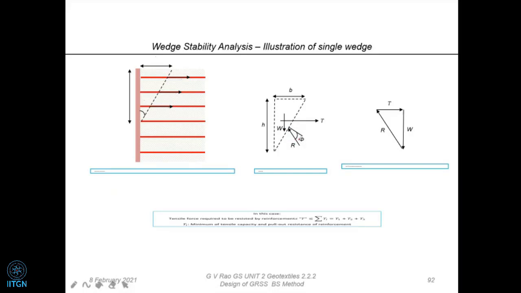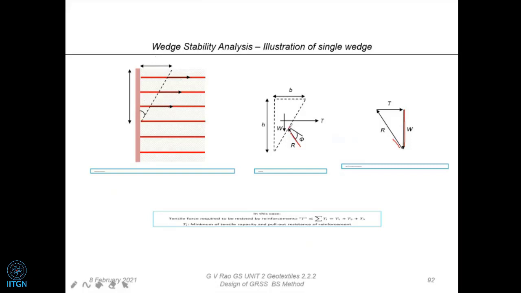Okay, you can revise your retaining wall pressures. So the direction of action of this is R. We know the reaction, and then we know the weight of this wedge, acting vertically only. We can calculate it by the amount of zone which is there. And we can now draw two things. One is, of course, we know the weight. We draw the force polygon and then draw a line parallel to this reaction line.